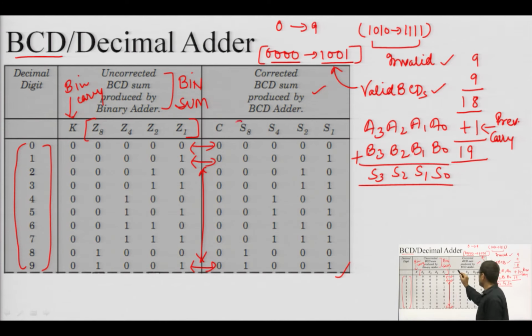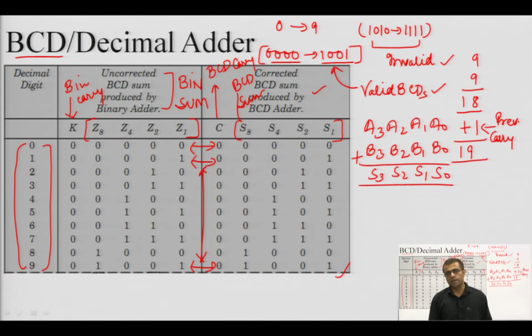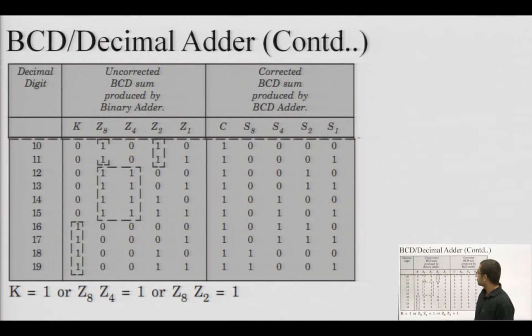S8, S4, S2, S1 are used for the BCD sum, and this is my BCD carry. We have seen that till 9 there is no confusion, both binary and BCD are identical. Then we can proceed further.